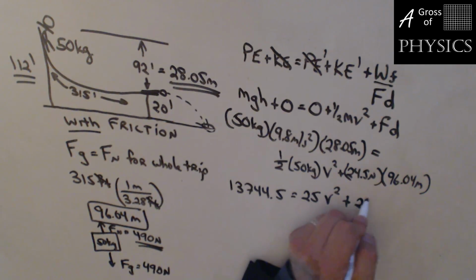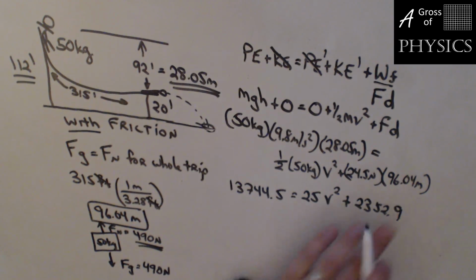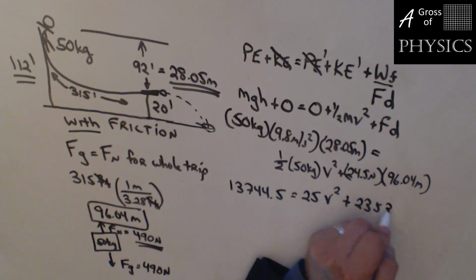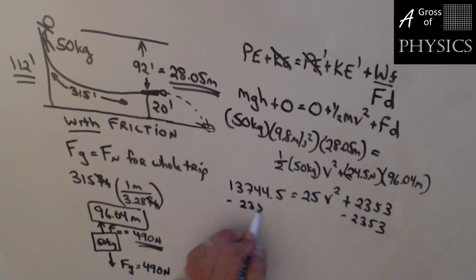So that term is 2352.9, which rounds to 2353. At this point, we need to subtract 2353.